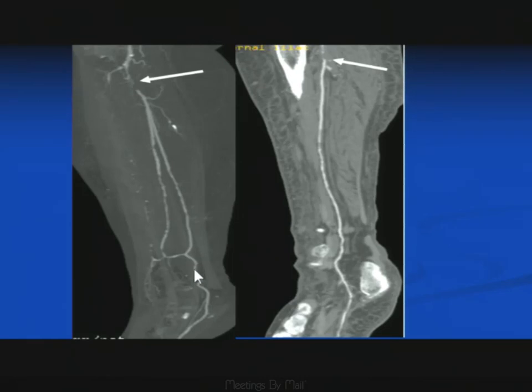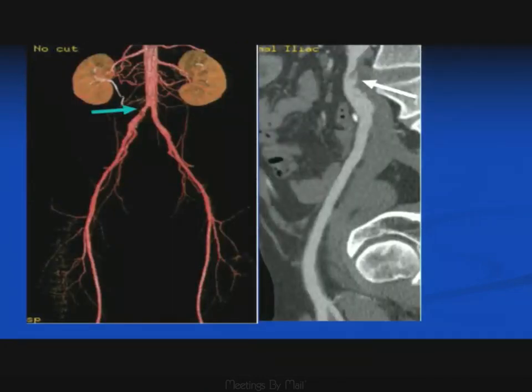And then looks as though we have a posterior tibial maybe coming off a calcaneal branch here into the plantar arch. But the essence of the process is we want to demonstrate flow distally into the foot. Not as nicely as you can get with a catheter, but sufficient for surgical planning or endovascular planning to be done.